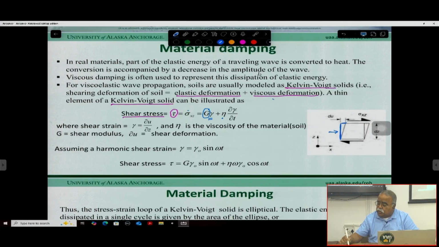So this is du by dg, right? This is your change, delta U, and this is your dg. So du by dg is the shear strain, right? So eta is the viscosity of the material, G is the shear modulus, and du is the shear deformation, or the displacement due to the shear, right?